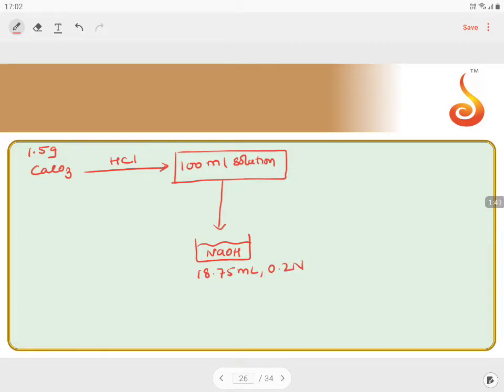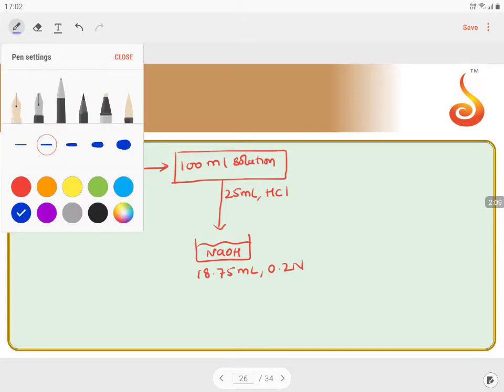This is the solution for which 25 ml of HCl solution is taken. 25 ml HCl solution from the 100 ml solution is taken for complete neutralization of NaOH. They are asking what is the percentage purity of CaCO3? Let us understand a small logic over here, children.